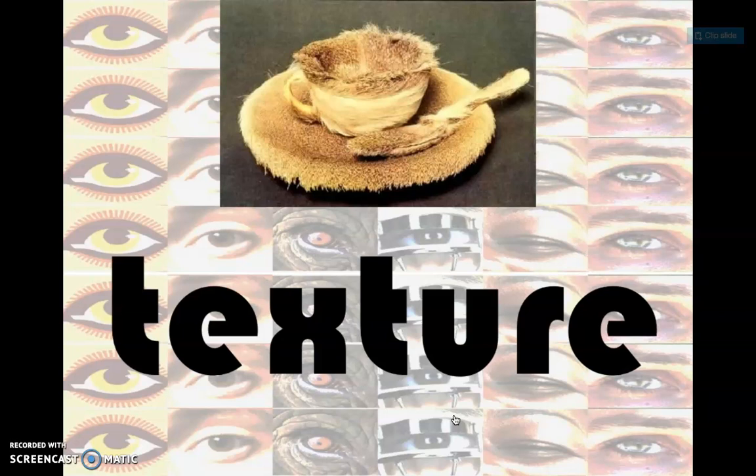So there's two groups. If you were to refer to actual texture when you touch it, you could say that it's bumpy, grainy, pebbly, spiky, prickly, rough, slick, smooth, soft, velvety, wiry. These are words that you can use when referring to actual texture.